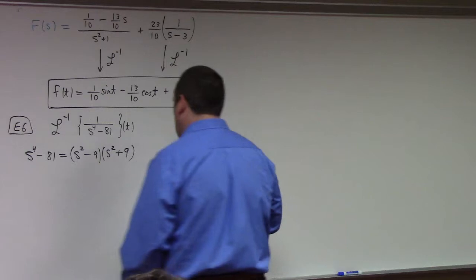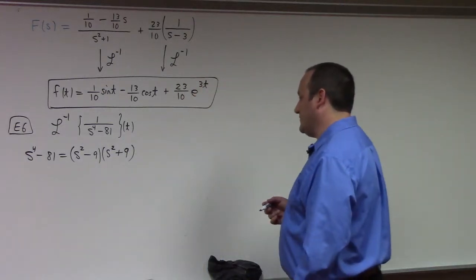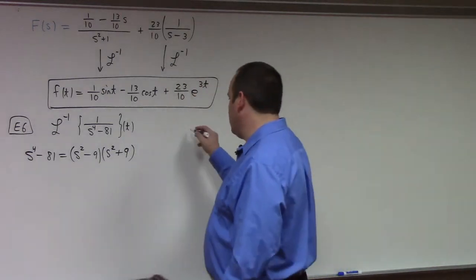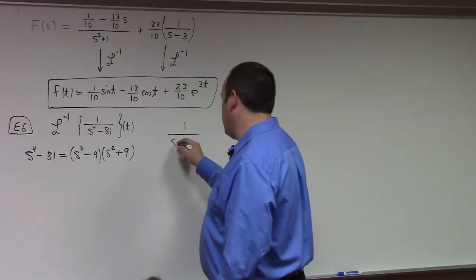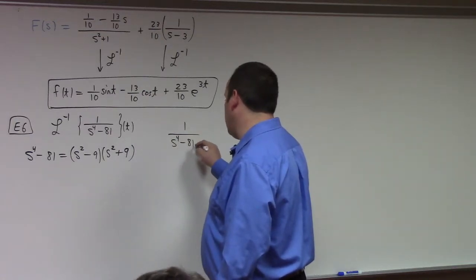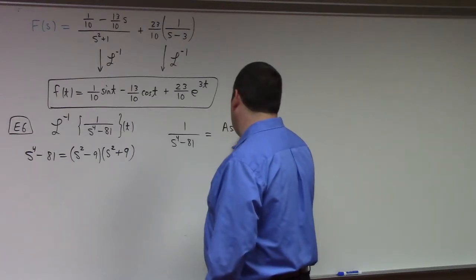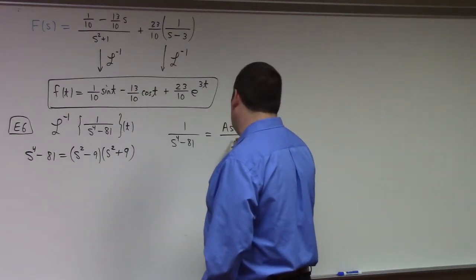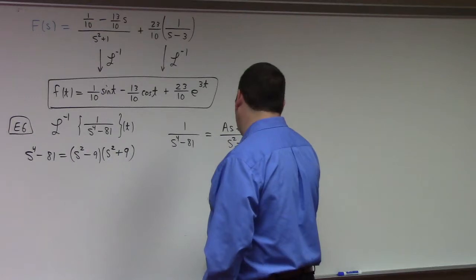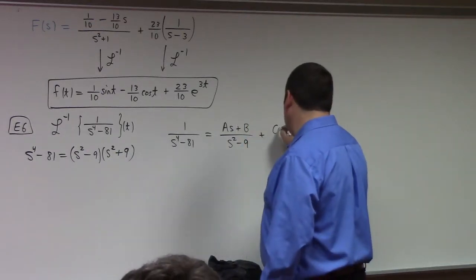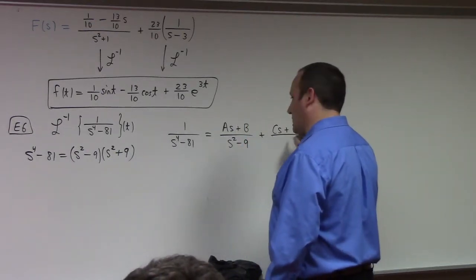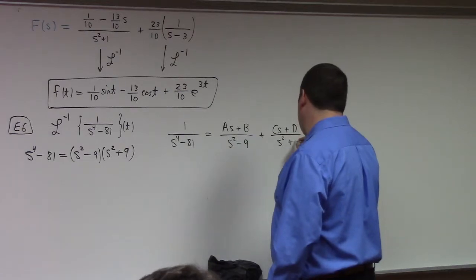So we expect then that 1 over s to the 4th minus 81 is going to be something like as plus b over s squared minus 9 plus cs plus d over s squared plus 9.